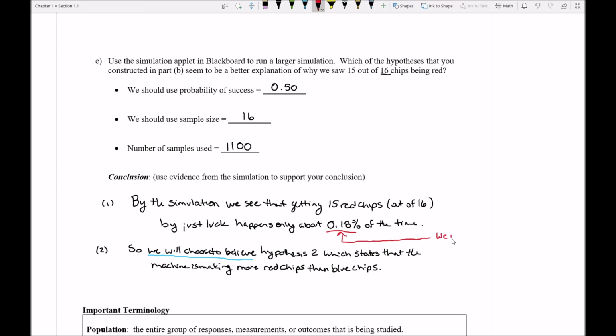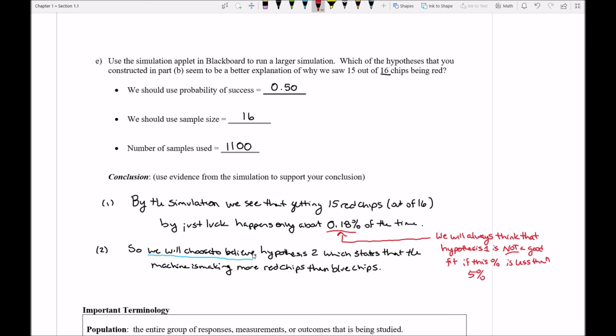So I'll state that we will always think that hypothesis 1 is not a good fit if this percentage is less than 5%. 5% in this class is going to be a pretty standard cutoff for us.